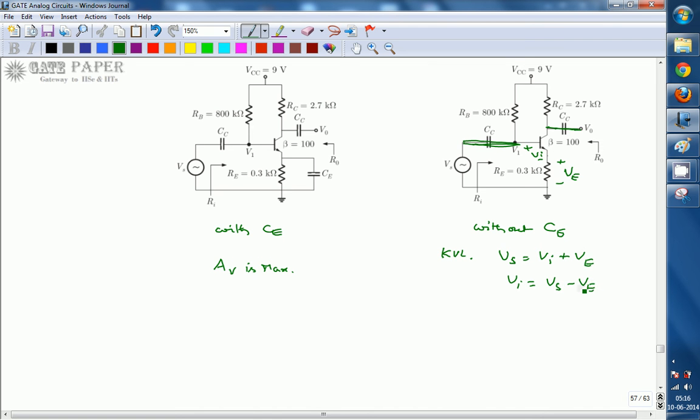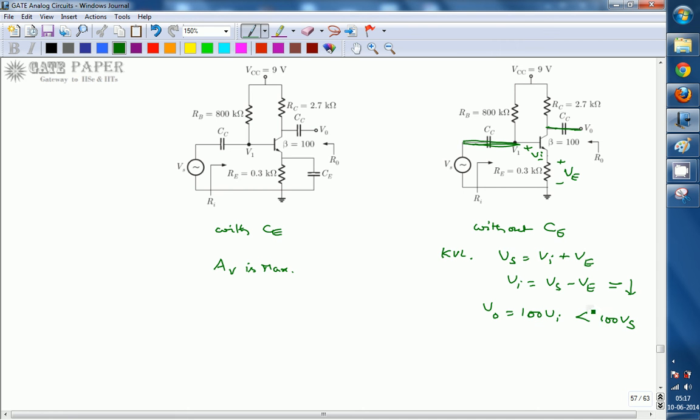Since there is no capacitor across RE, definitely a voltage drop takes place, and the effective input signal is now reduced. Now how do you calculate the output voltage? It is 100 times Vi, and this is definitely lesser than 100 times Vs.